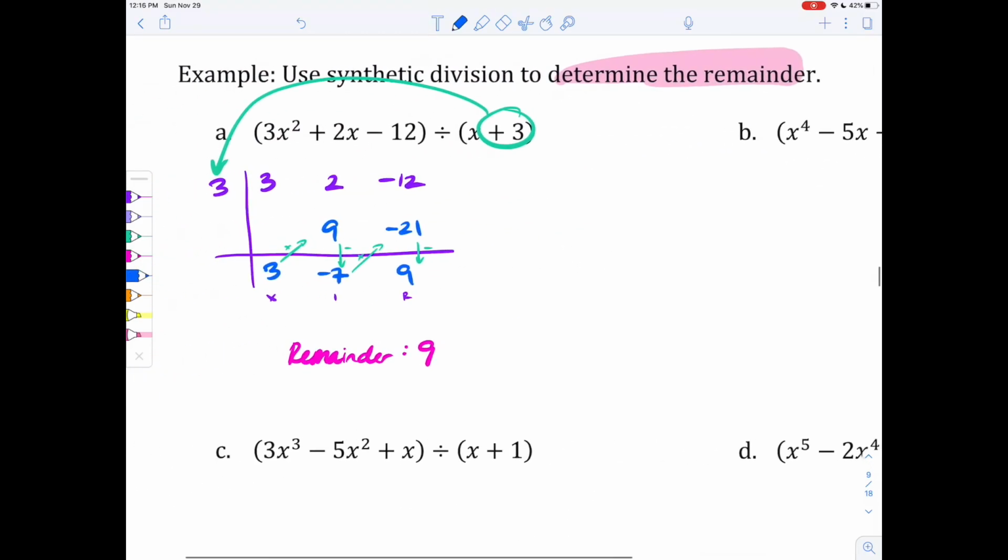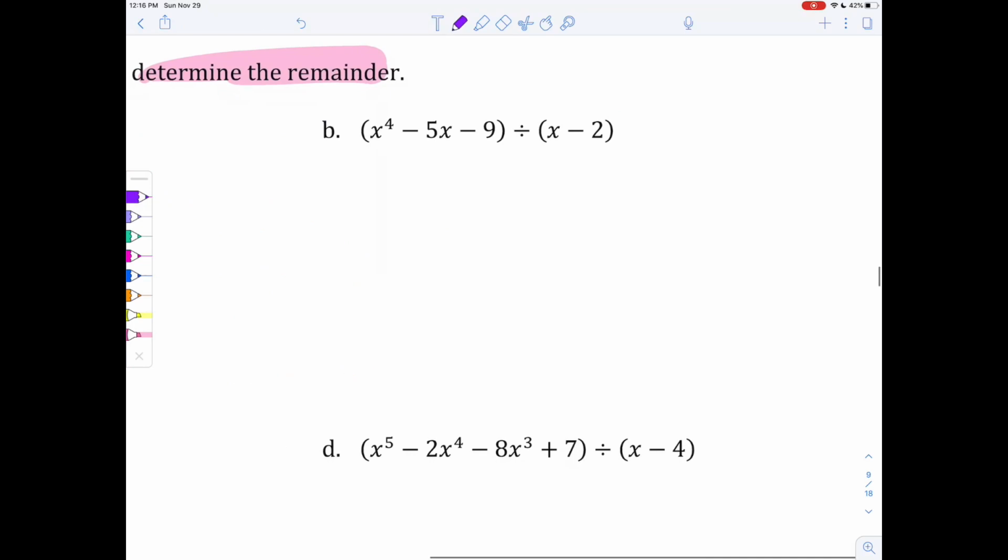Here I go. Ooh, what color did I use? Purple. I have 1x to the 4. I have 0x cubes. I have 0x squareds. I have negative 5x's and then minus 9.